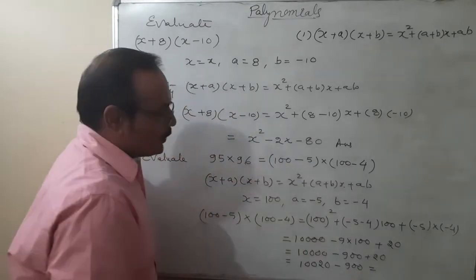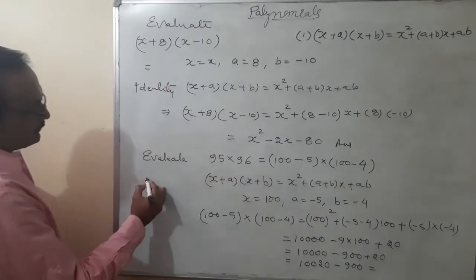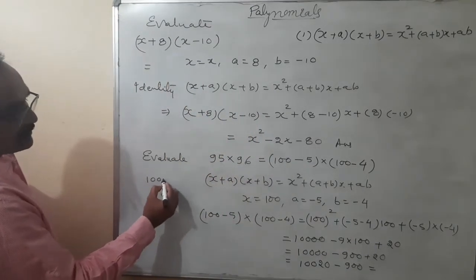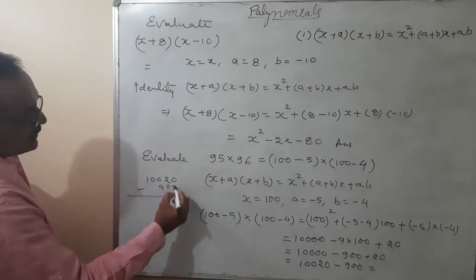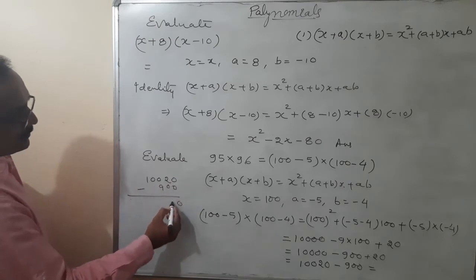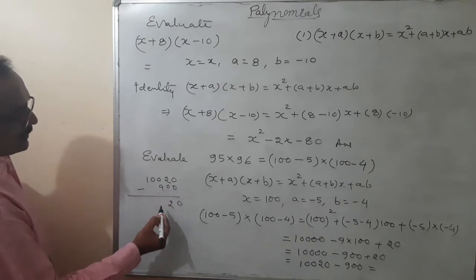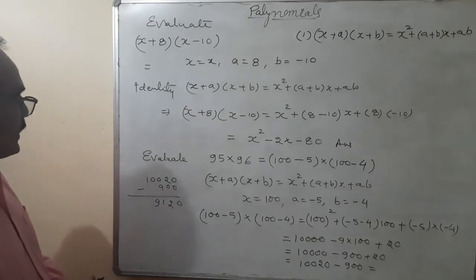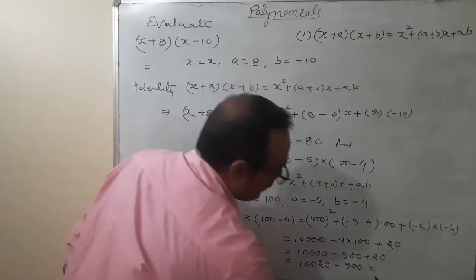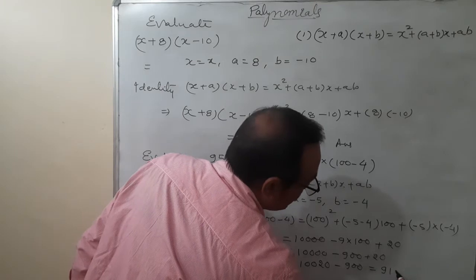The result is 0, 2, 10 minus 9 is 1, and it is 9. So 9,120.